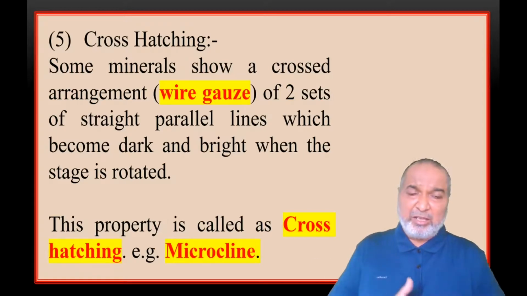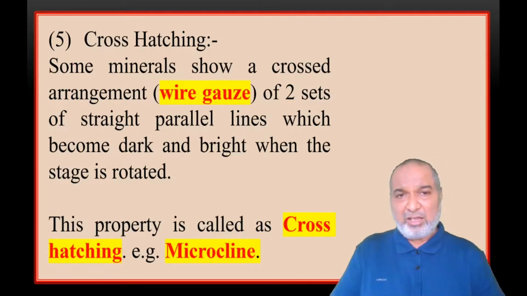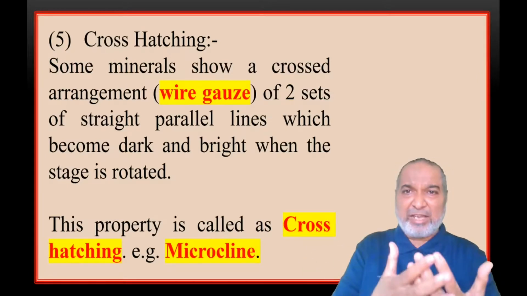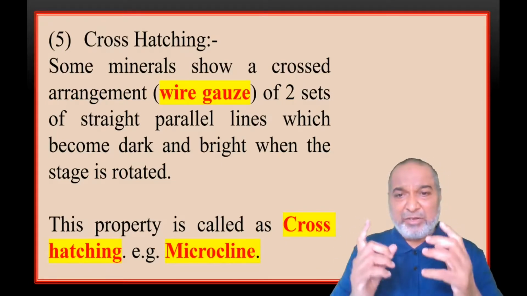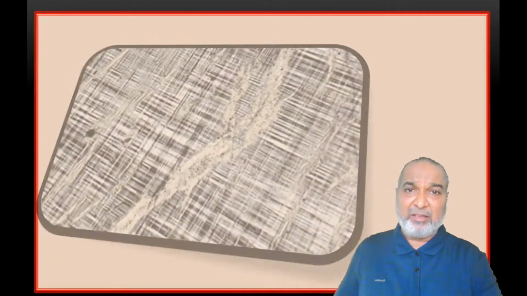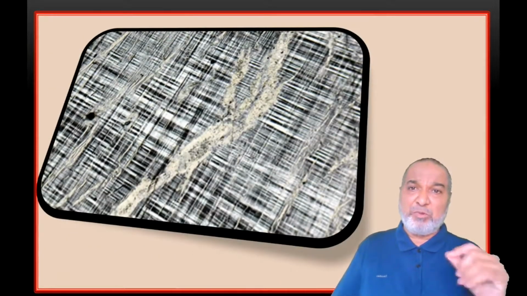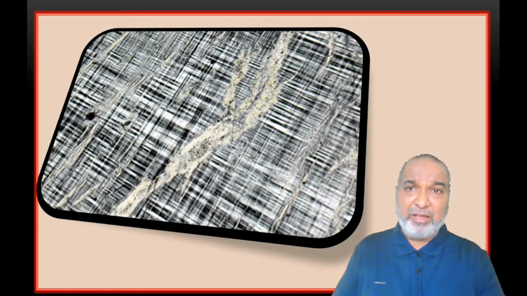Normally in the morning when we have tea, you filter it using a steel gauze, and it looks the same. It is like a wire gauze, and this is the distinguishing property of microcline. This is the diagnostic property of microcline.